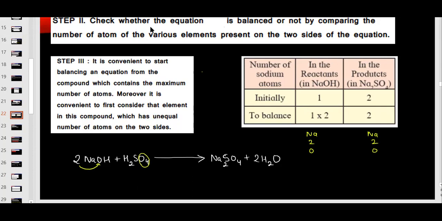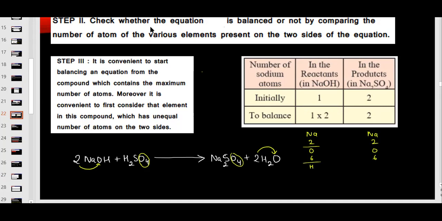So this 4 and this 2 will give you a total of 6 oxygen. Here in this case, oxygen is 4 and this 2 will go for this, so here also oxygen is 4 plus 2, 6. Let's check. Sodium is done, oxygen is done, hydrogen.